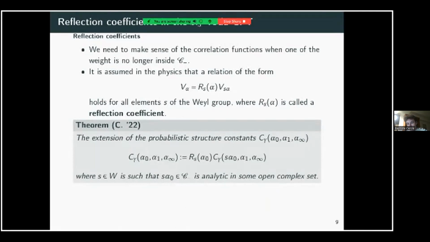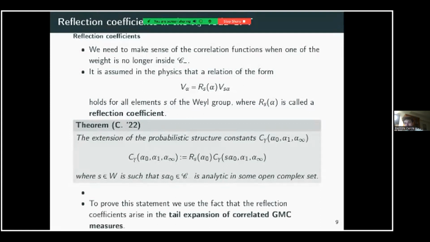The issue is what happens when you cross one border of the chamber. But anyway, this can be studied, and you show that if you use this heuristic from the physics and extend the 3-point correlation functions with this relation, then you have an analytic function, which is rather nice.